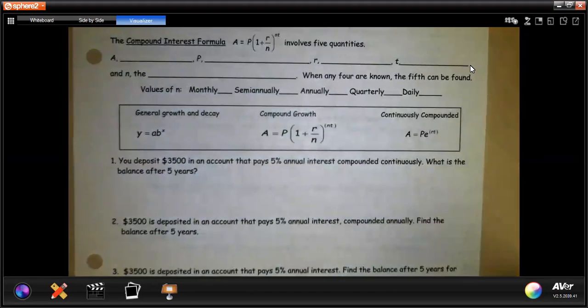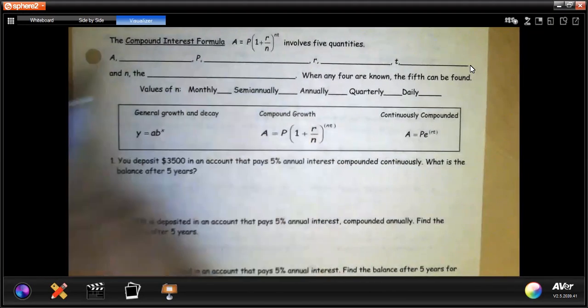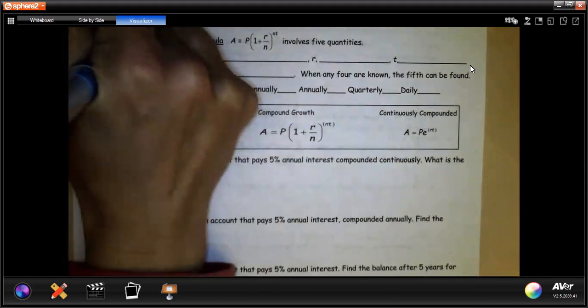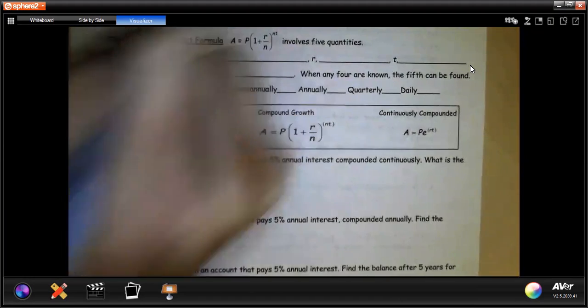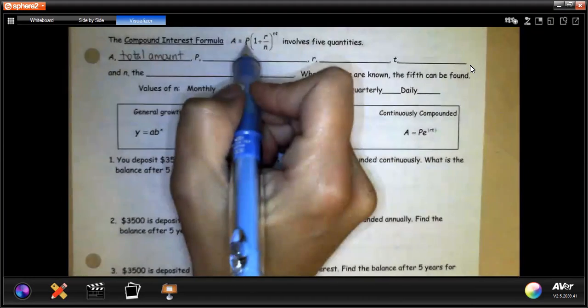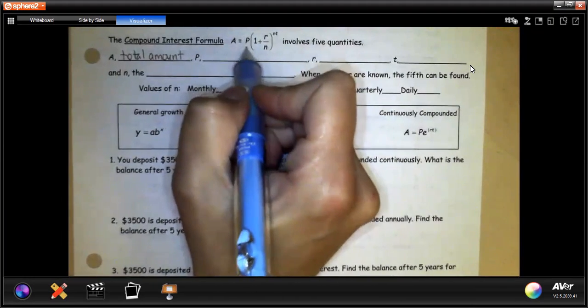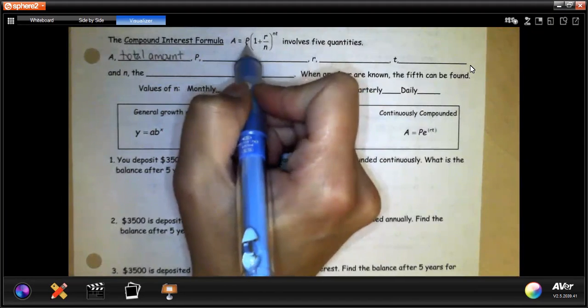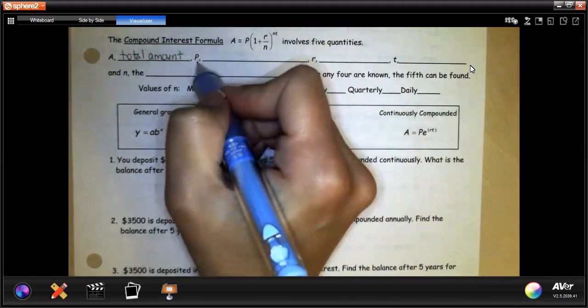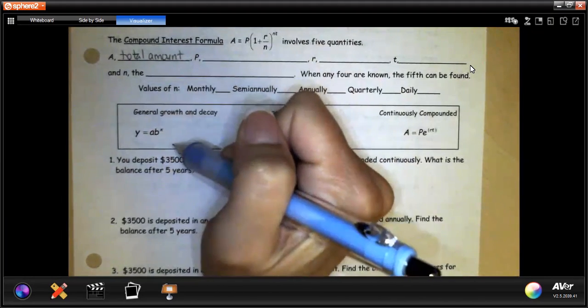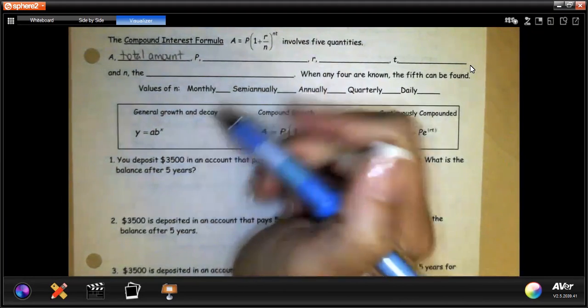So first let's talk about what all these variables stand for. This final value here is our total amount. The P here is in the place of the initial amount. We said initial amount fell right there. That's still it. It stands for principal when we're talking about compound interest because that's what they call the initial amount in money.